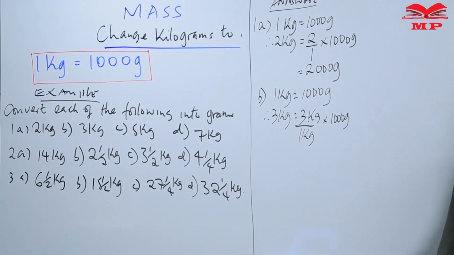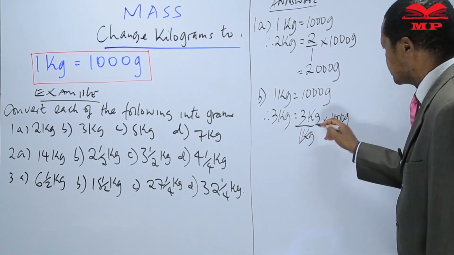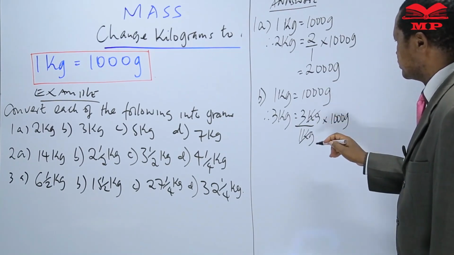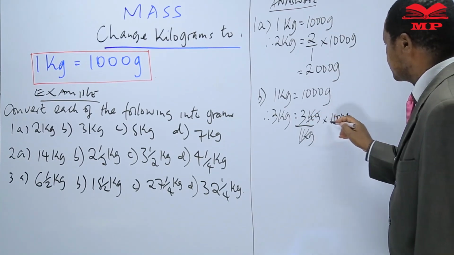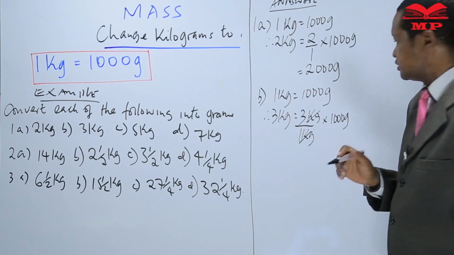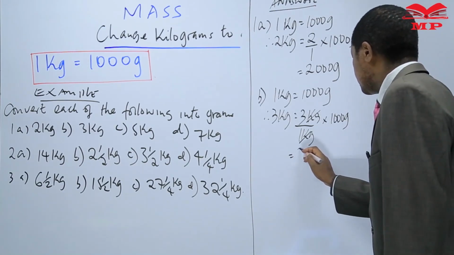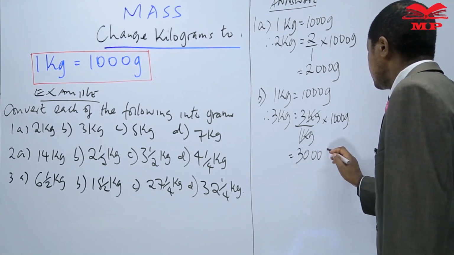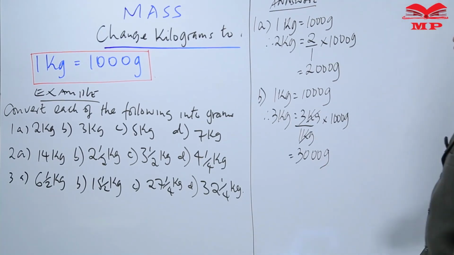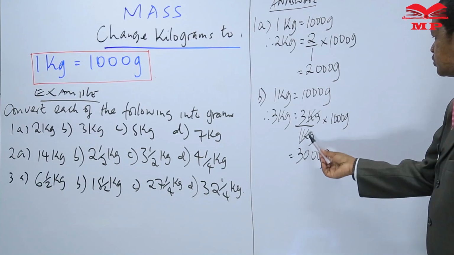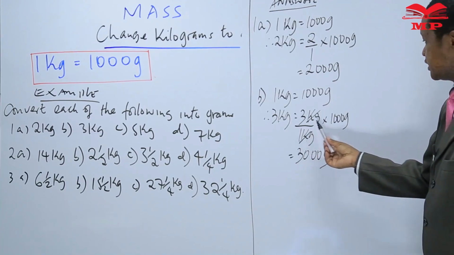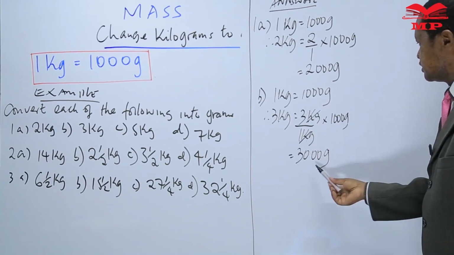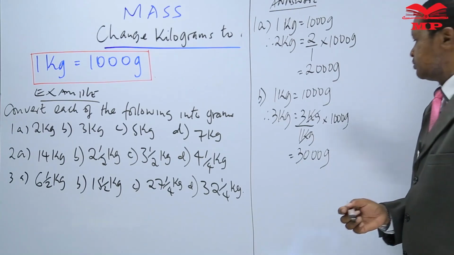So this kilogram cancels with that one, then we have 3 times 1000 grams. So this will be equal to 3000 grams.